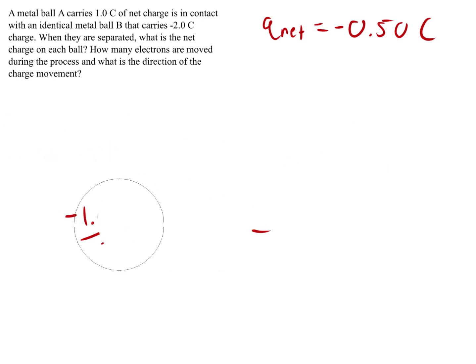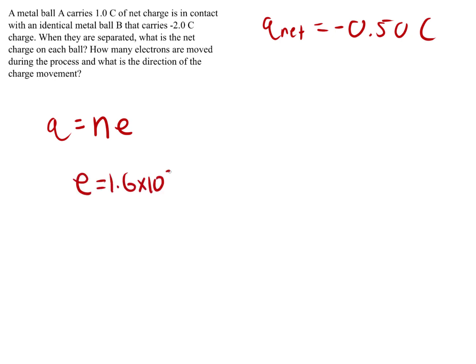That's the first part. Now we're asked how many electrons are moved during the process and what is the direction of the charge movement. So we know that the charge in coulombs is equal to the number of electrons times the base charge of an electron. And the base charge of an electron is 1.6 times 10 to the -19th.